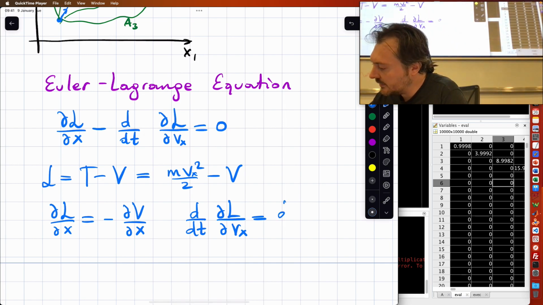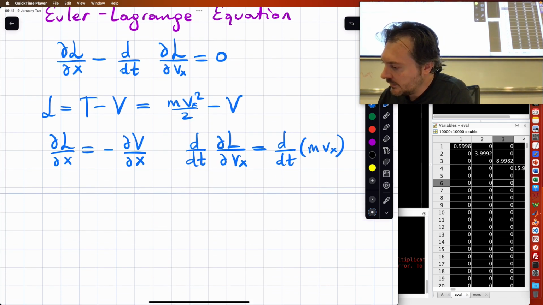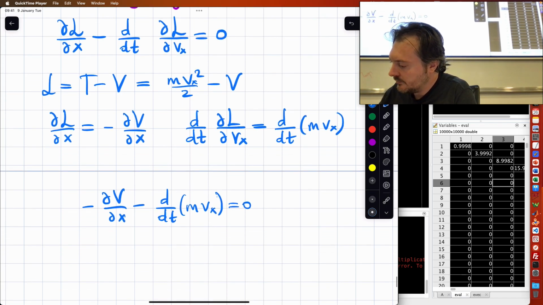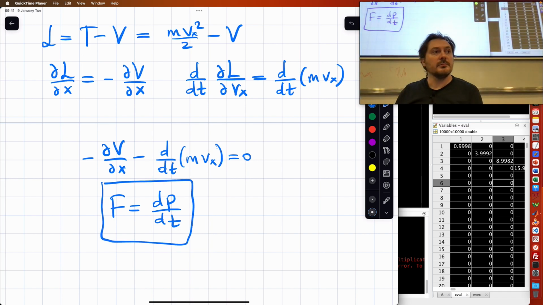It's d over dt of mvx. So the Euler-Lagrange equation tells us that minus del V over del x minus d over dt of mvx equals 0. Then it tells you that F equals dp over dt. You see, we have recovered Newton's law from the principle of least action.